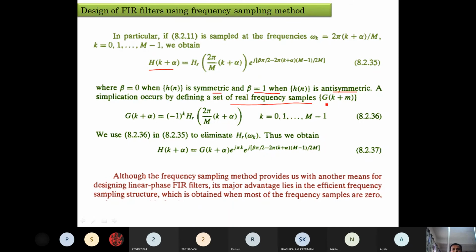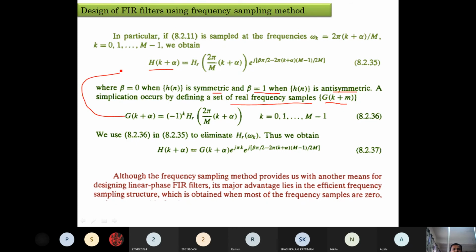So a simplification occurs by defining a set of real frequency samples. We denote those real frequency samples as capital G of k plus alpha. So G of k plus alpha is nothing but minus 1 to the power k times Hr of 2 pi by M (k plus alpha). We can use these two things in the above equation.